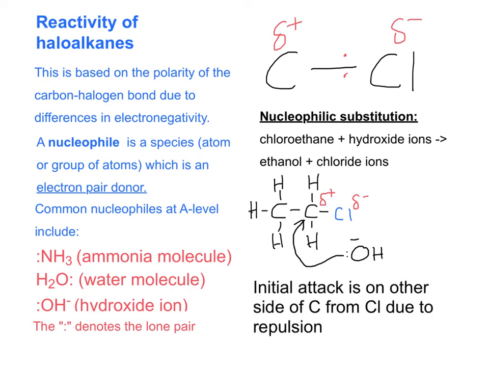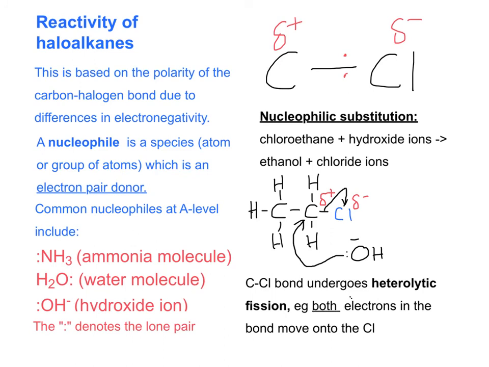So due to the repulsion of the slightly negative chlorine for the negatively charged oxygen, the oxygen moves towards the back of the carbon, and then the carbon-chlorine bond breaks. And this is heterolytic fission because both electrons go on to the chlorine atom.